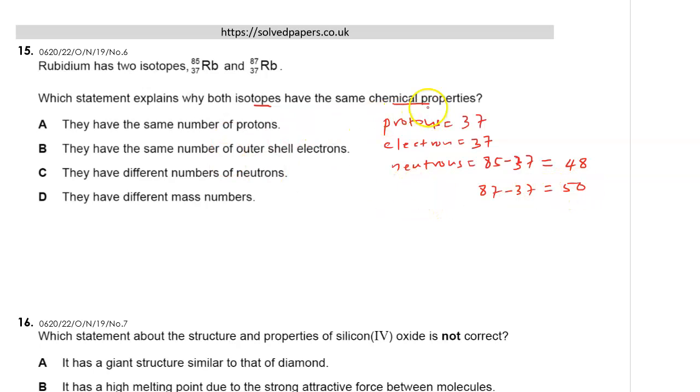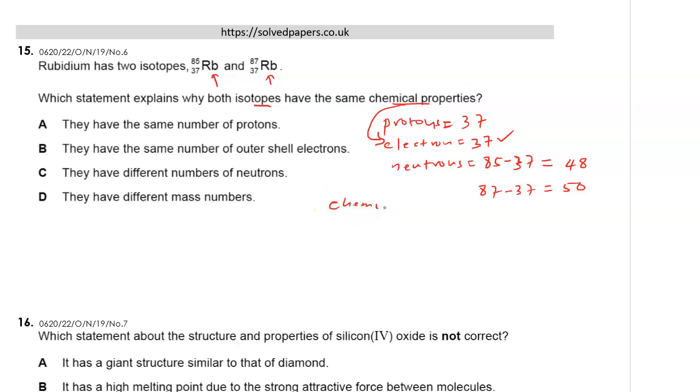So the chemical properties are due to the number of electrons. Electrons are the ones which take part in chemical reactions. So both of these isotopes have the same number of electrons, which is 37. So that's why they have the same chemical properties.